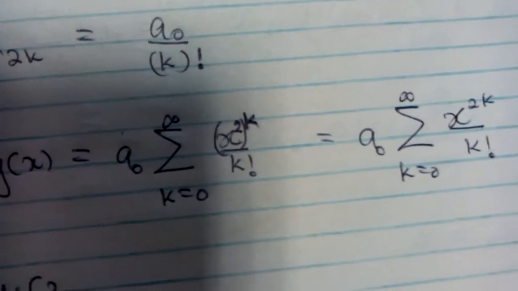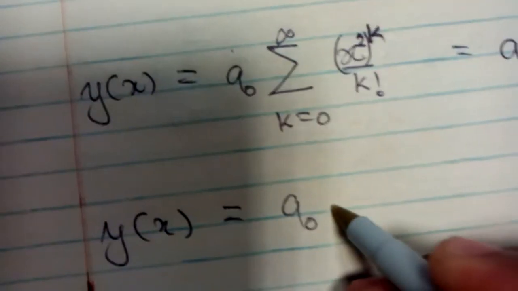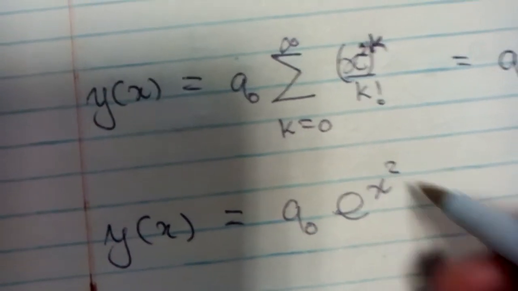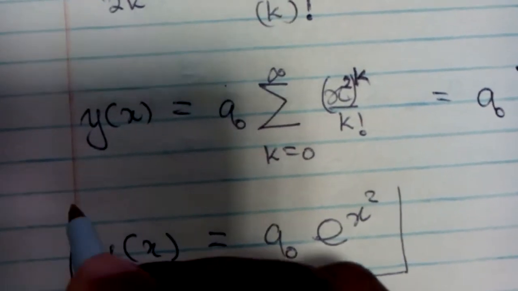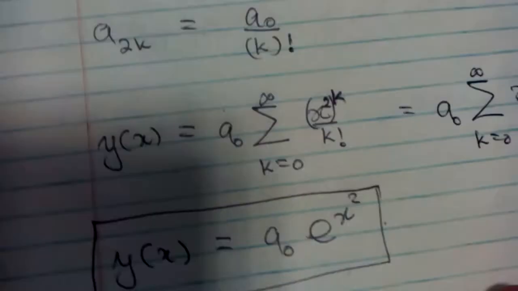And this, from elementary functions, we know that this is nothing but a naught times e to x squared. That's one example.